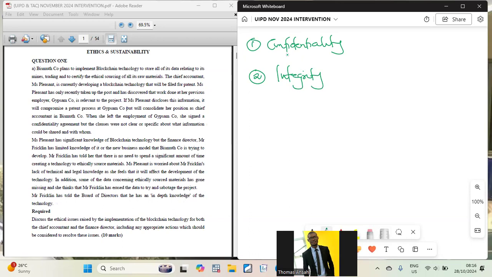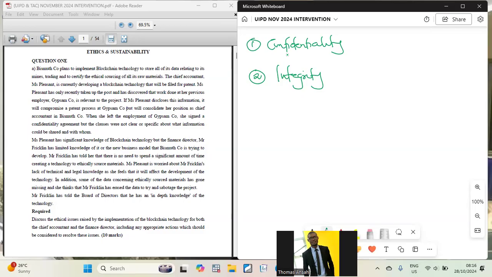Pleasant has prior knowledge which she acquired from her previous employers. That knowledge, when she discloses it to her current employers, will aid her in consolidating herself as the chief finance officer.